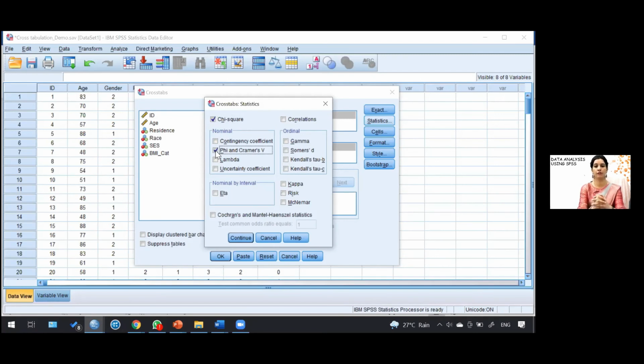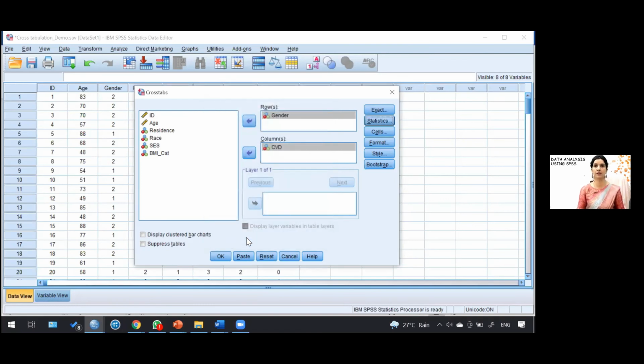The value of chi-square tells you whether there is a significant association or not, and Phi and Cramer's V tell us whether there is a moderate association, a high association, or a low association. There is a category of the value, we'll see it, and then press this button, Continue.